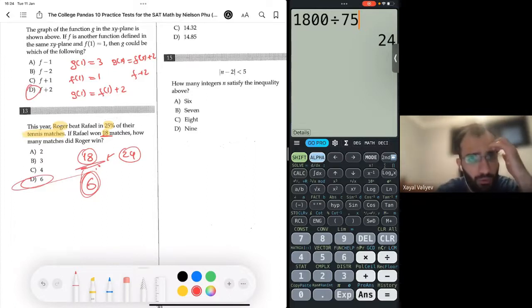Let me look at the solution of this question. Wait a minute, what did they do? This is question number 13. Answer is D. Rafael must have won 75% of the matches.